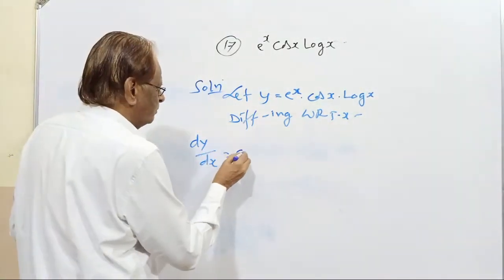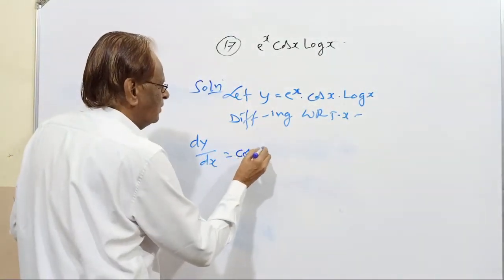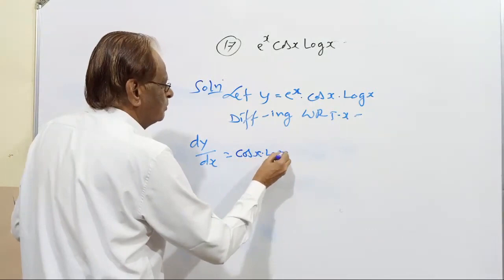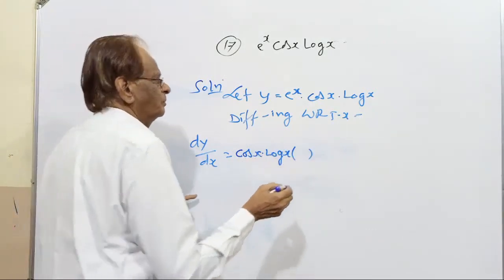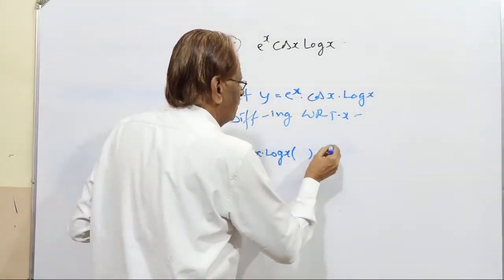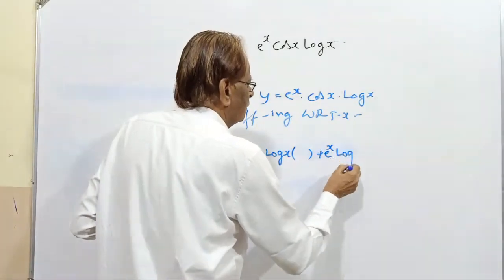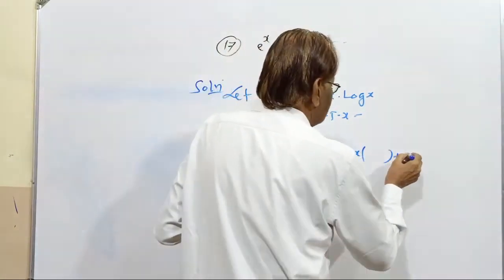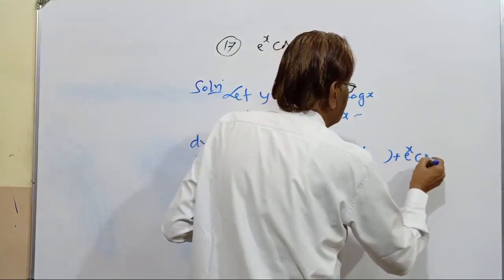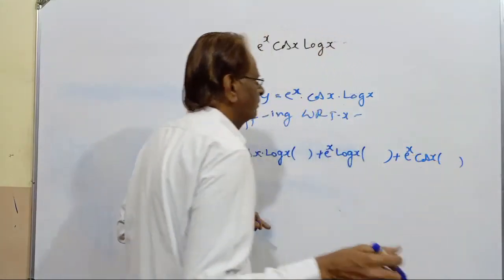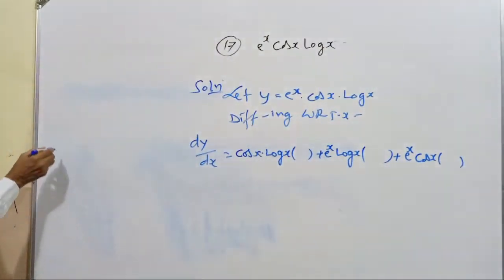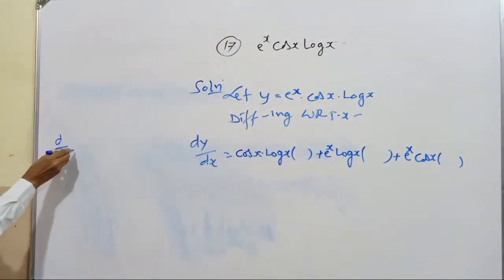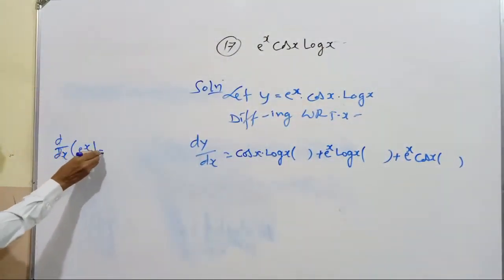Second, third as it is, differentiate first. First, third as it is, differentiate second. First, second as it is, differentiate third. Differentiation of first is e power x.